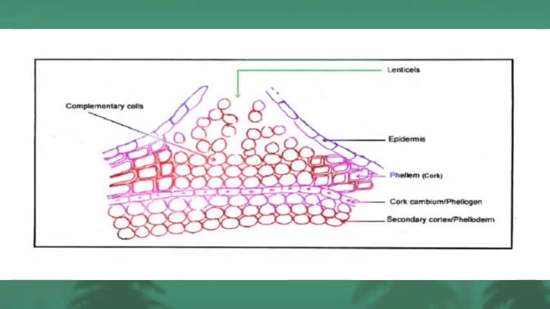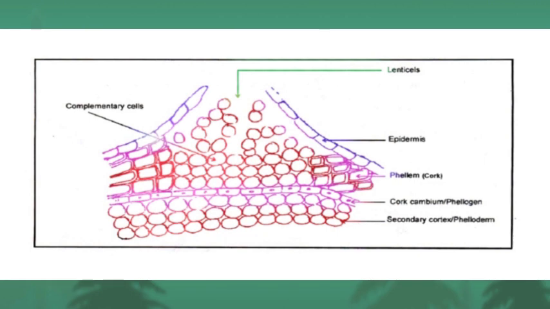Let's see the diagrammatic representation of a lenticel. See the layer of cells present in the middle, called cork cambium or phellogen. This cork cambium has the ability to produce cells on both the inner side and outer side. The outer side cells are called phellum or cork, which are suberized, impervious to water. The inner side cells are called secondary cortex or phelloderm. They may contain chloroplast also.